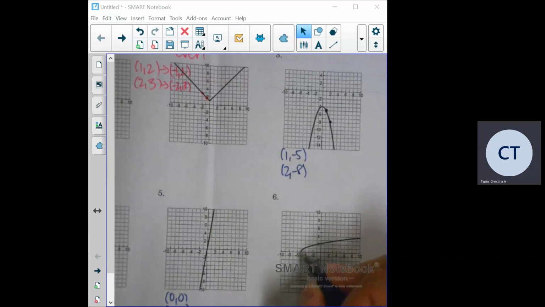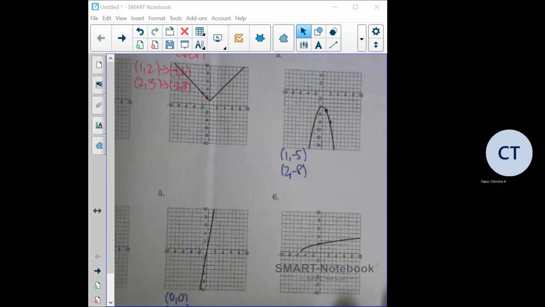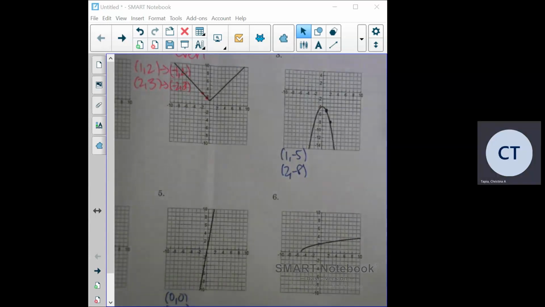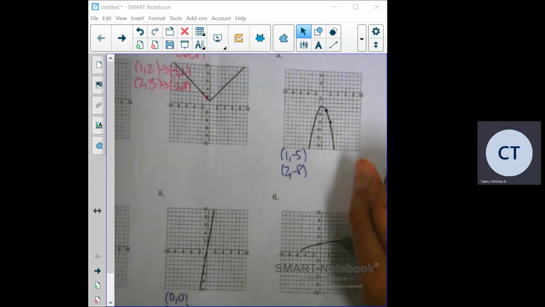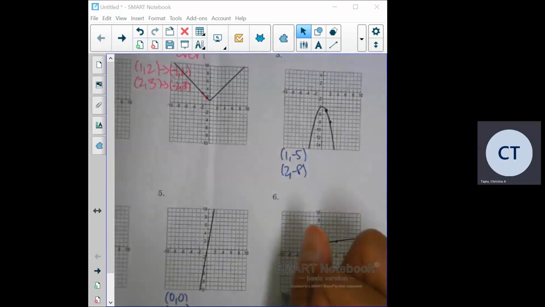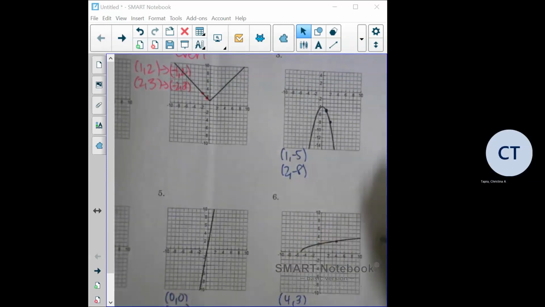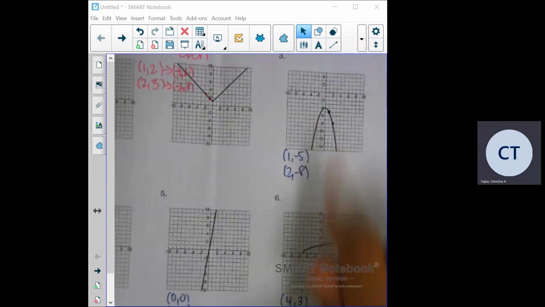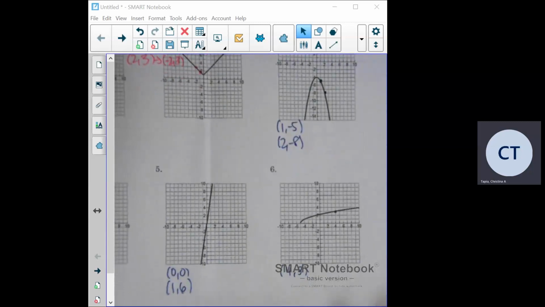And then for this graph, it's a little up. We can use 4, 3. That might be the only good point we can use. Yeah, let's just use those. The points that I have listed, those are the points I want you guys to use.